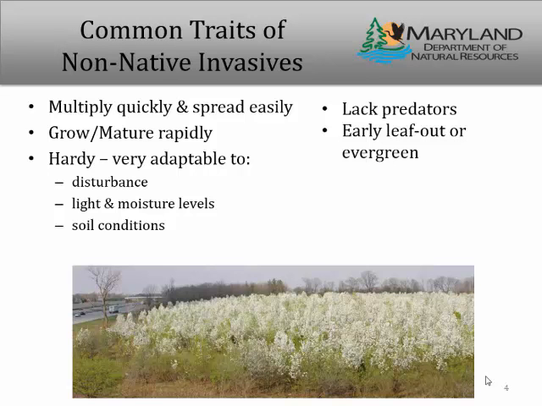All right. So there are a lot of common traits that invasive plant species have that cause them to be a problem. They're brought here, and then they tend to multiply and spread really quickly. Often this is because they don't have the predators that they would have had in their native range. There's nothing to keep them in check. They usually create a lot of seeds. Often those seeds are viable for a really long time, and they have great strategies for spreading.